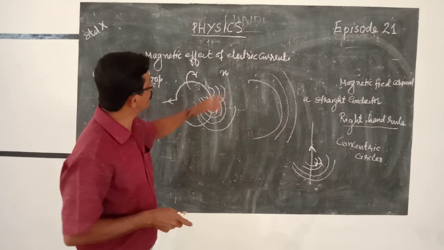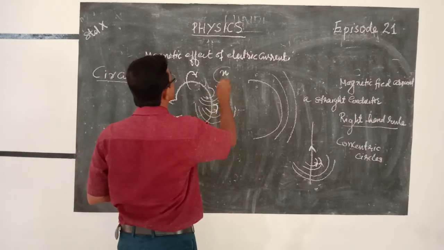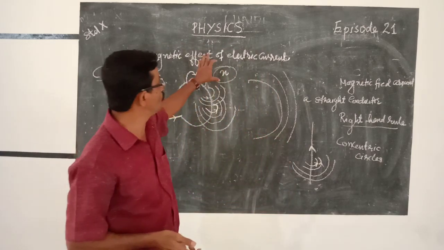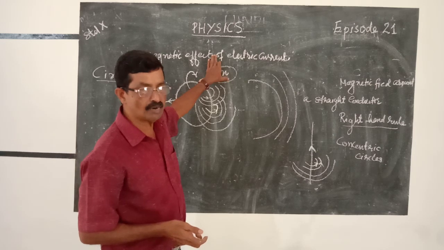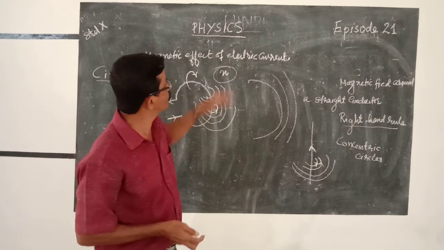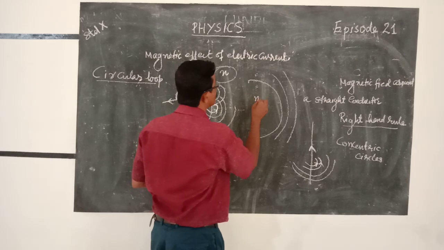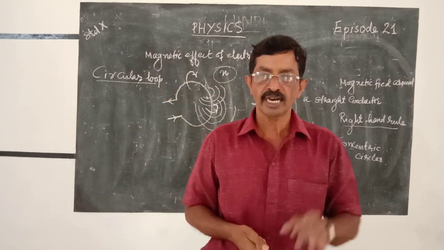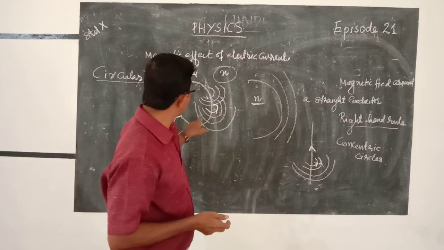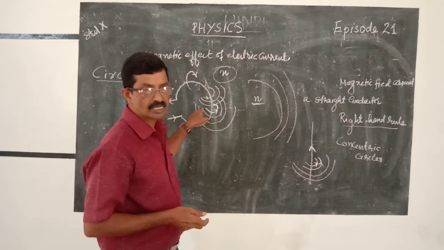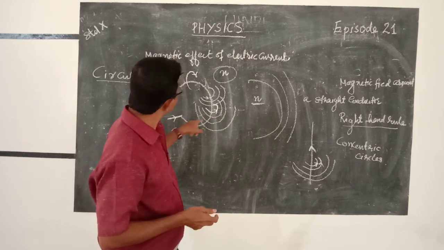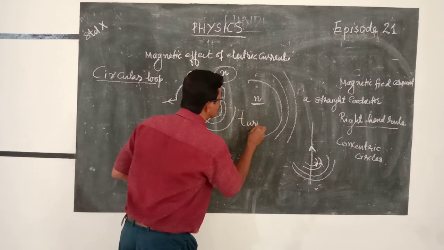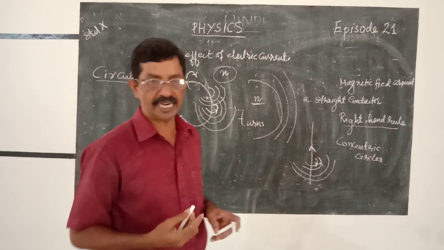One more thing you want to remember: if there are n turns in this circular loop, the total magnetic field becomes n times that of a single loop, because the current in all the turns is in the same direction.